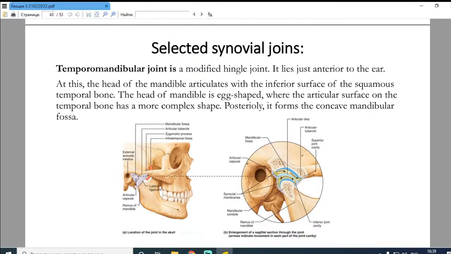It lies just anterior to the ear. Here, the head of the mandible articulates with the inferior surface of the squamosal temporal bone. The head of the mandible is egg-shaped, whereas the articular surface on the temporal bone has a more complex shape.